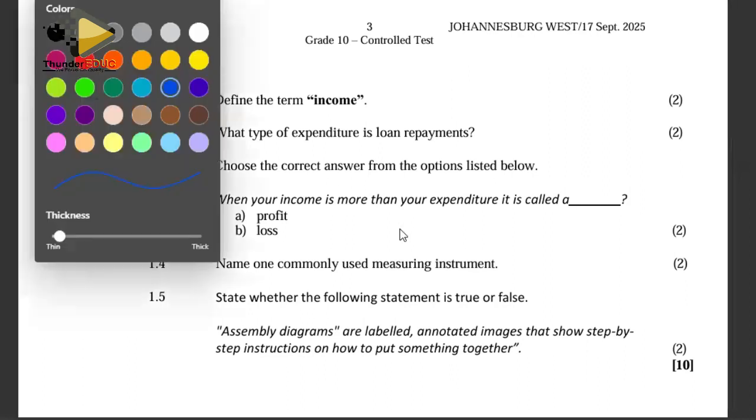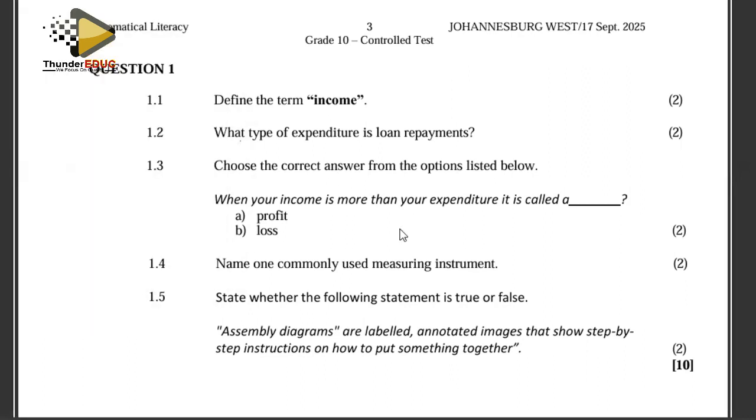So we can say amount of money one receives, one gets, or a household, a home.